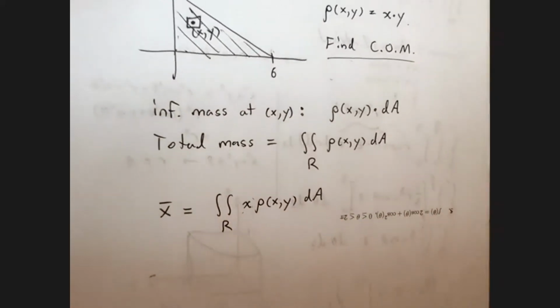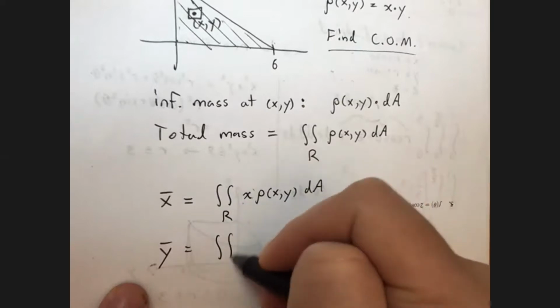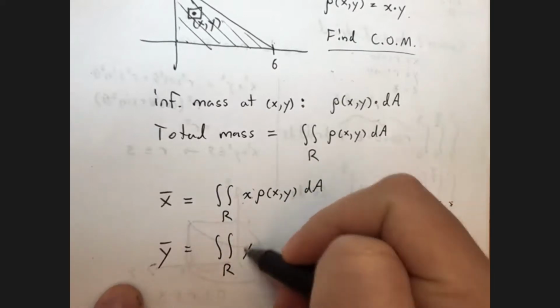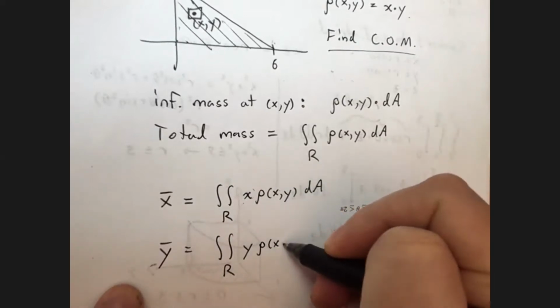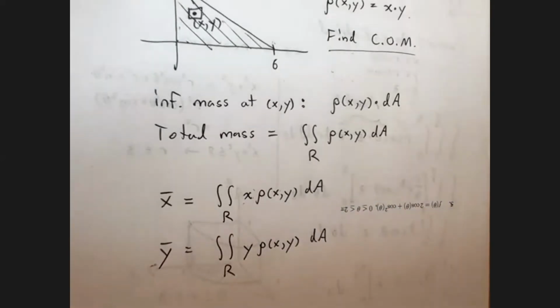All right? And then I can compute my y bar. My y bar is going to be the double integral, and you guessed it, I know you know what goes here. It's just going to be y times rho of (x, y) dA. So that gives me my x bar and my y bar.